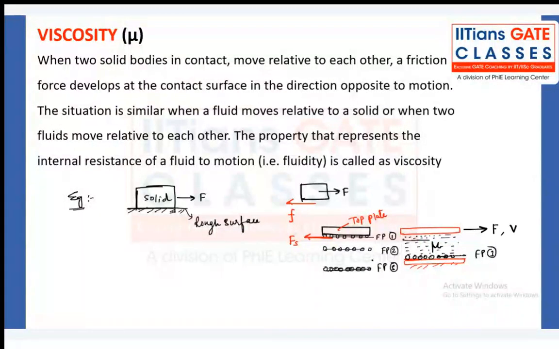Fluid particle 3 will say to fluid particle 2, you know that when fluid particle 2 offers some kind of shear force, viscous force or resistive force on fluid particle 1, by Newton's third law, fluid particle 1 will offer a resistive force of equal amount but in the opposite direction, like this.